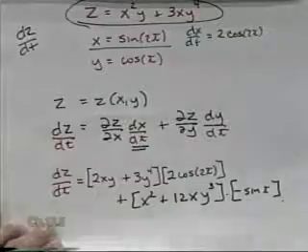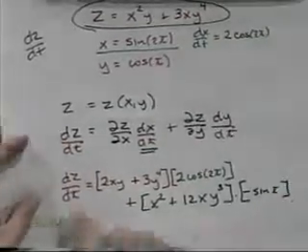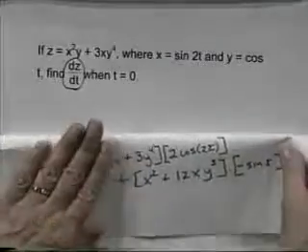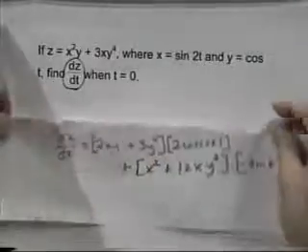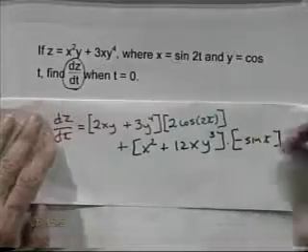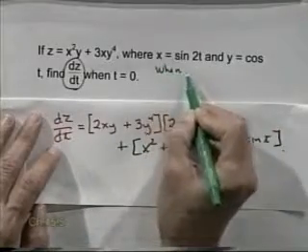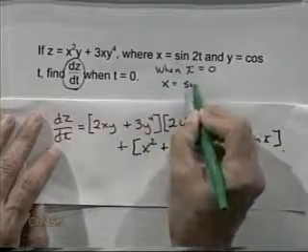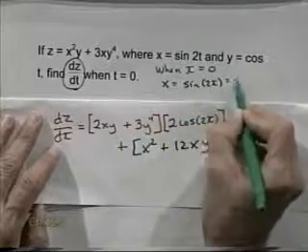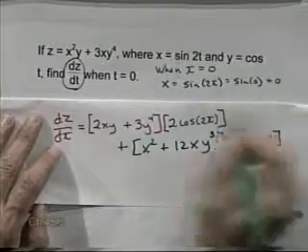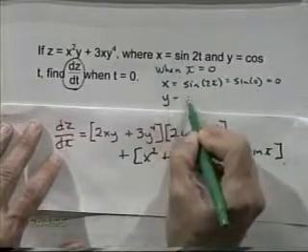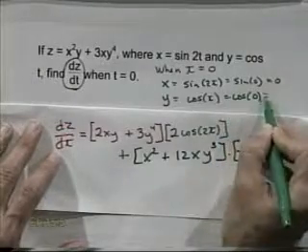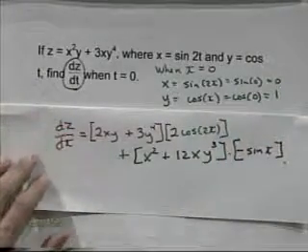Okay, now we're partially there, except they want us to find dz/dt when t was 0. So I come back up here and I say, okay, when t is 0, notice x is sine of 2t, so that's sine of 0, which is 0. Y is cosine of t, so that's cosine of 0, which is 1.